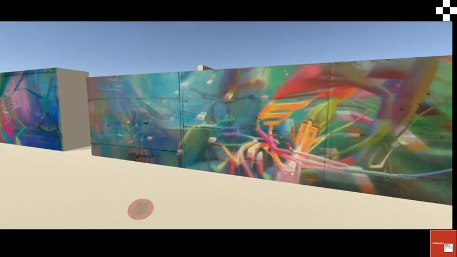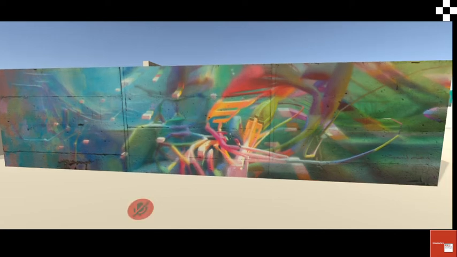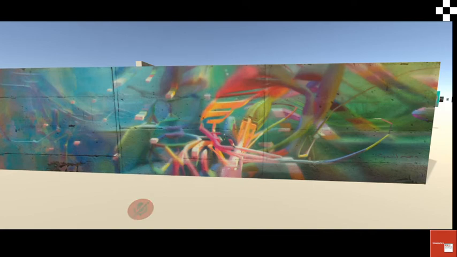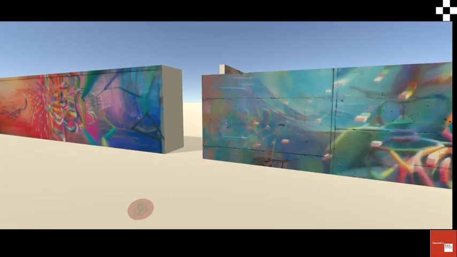So as you can see, this wall is directed towards cyan and green. So we are looking at east now. But I built this world this way that each wall has two sides. So it doesn't matter here in VRChat.